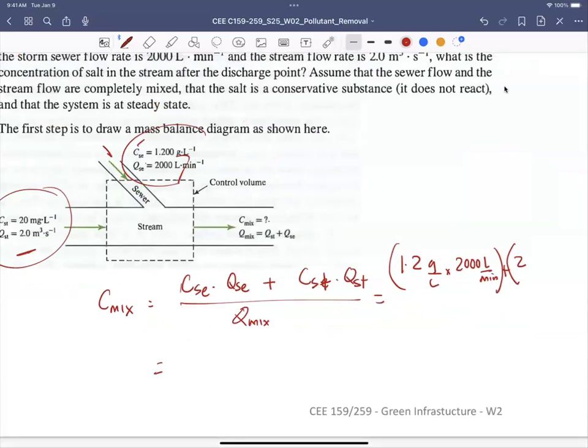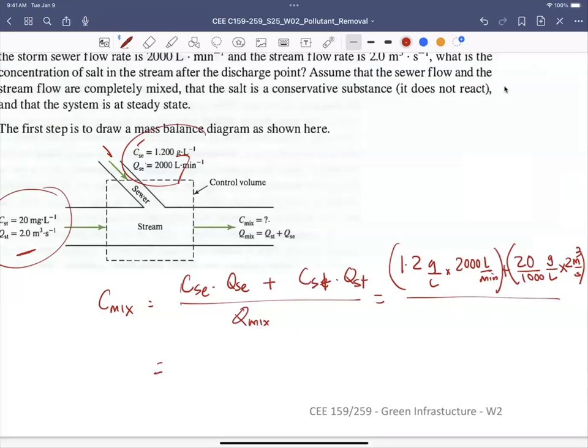Again, here you have to change the concentration. 20 milligram divided by 1000 is 0.02 gram per liter, times 2 cubic meter per second. Again, here you are seeing different units. So you just have to change those units. That way you'll be able to predict that.